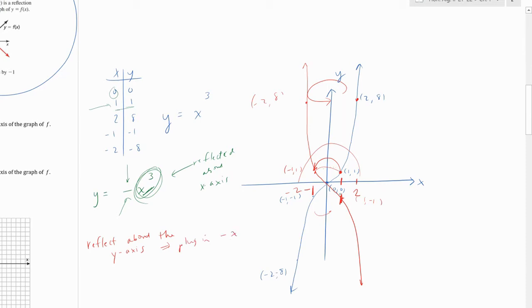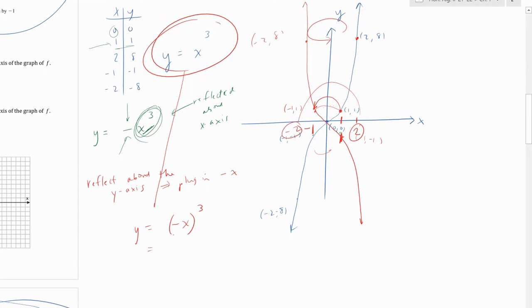We take that original function, the parent function, and ask, what would happen if I plugged in the opposite x before I cubed it? Because that's what I did. The opposite of 2 is negative 2. What happens if I plug that in instead? On this one, it just so happens to give you the same thing, because the opposite, a negative cubed, is still a negative. So it's still the same shape as this, but you're thinking about it in a different way. Does that make sense? Okay.